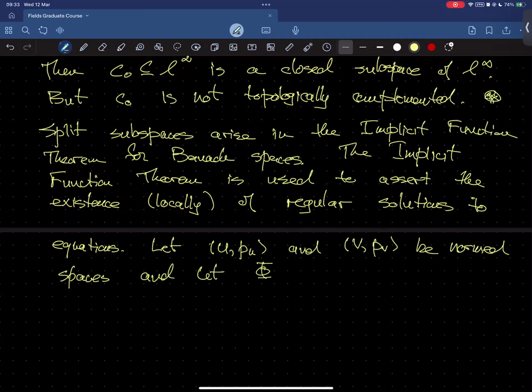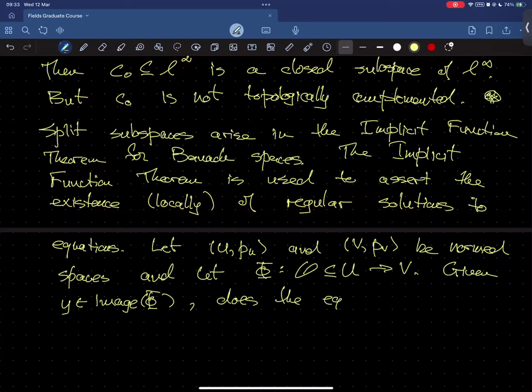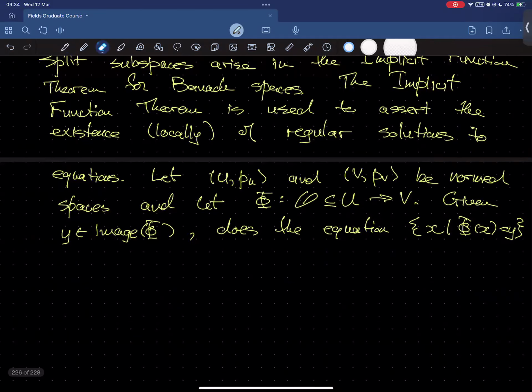Let phi be a mapping from an open subset O into V. Given a vector y in the image of phi, does the equation phi of x equals y, where you want to find all x's so that phi of x is equal to y, have solutions?